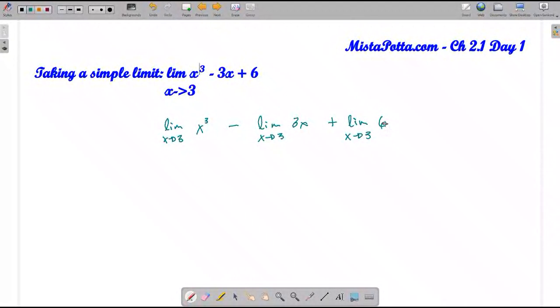This is one of the properties we had for addition and subtraction of limits, that the limit of a sum is equal to the sum of the limits.